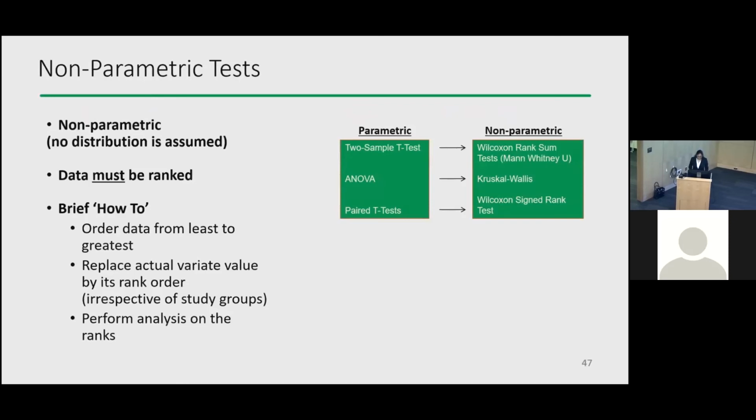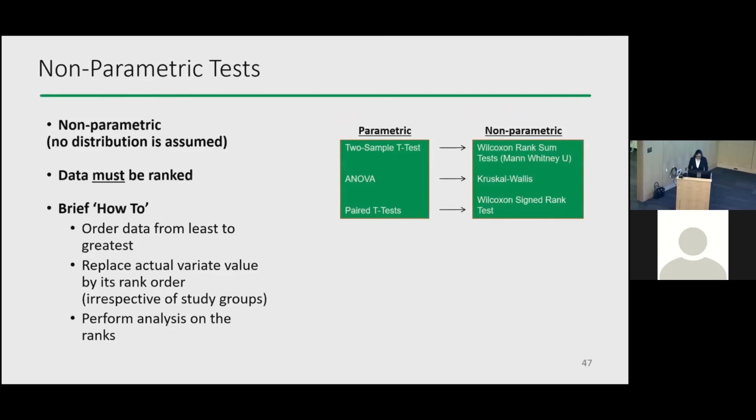The non-parametric alternative for the 2-sample t-test is the Wilcoxon rank sum test, also called the Mann-Whitney U test. For one-way ANOVA it is the Kruskal-Wallis test, and for the paired t-test it is the Wilcoxon signed rank test. These are more labor intensive to calculate by hand. For computer calculation, of course, this isn't an issue.